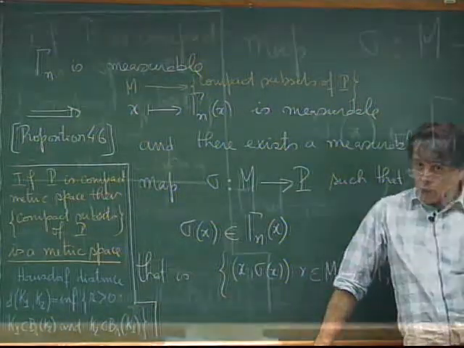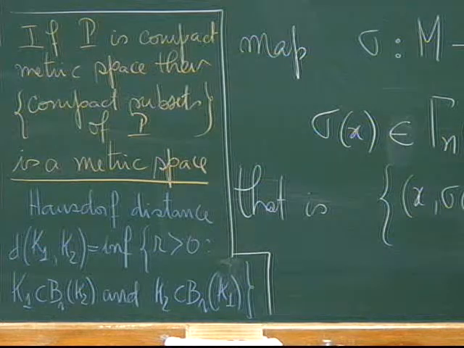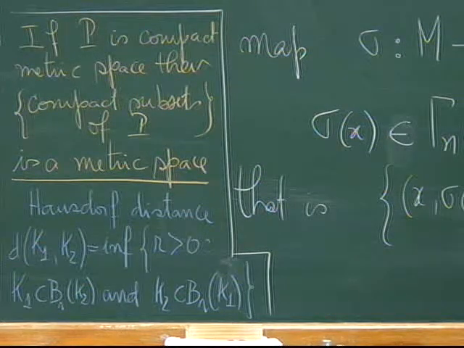Okay? So two compact sets are close to each other if each one is contained in the small neighborhood of the other.